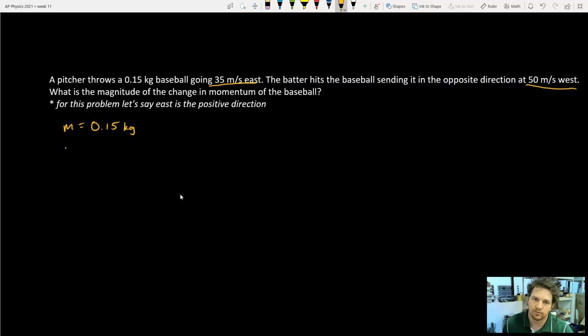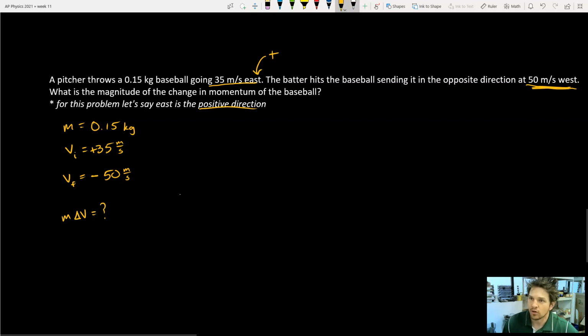So we have an initial velocity of 35 meters per second, and east is the positive direction, so we're going to say positive 35 meters per second. Which means that if it's going in the opposite direction, west, the final velocity will be negative 50 meters per second. And we're being asked, what is the change in momentum?